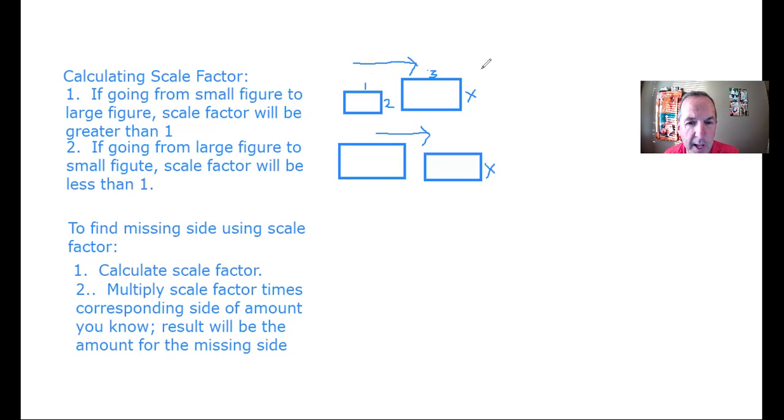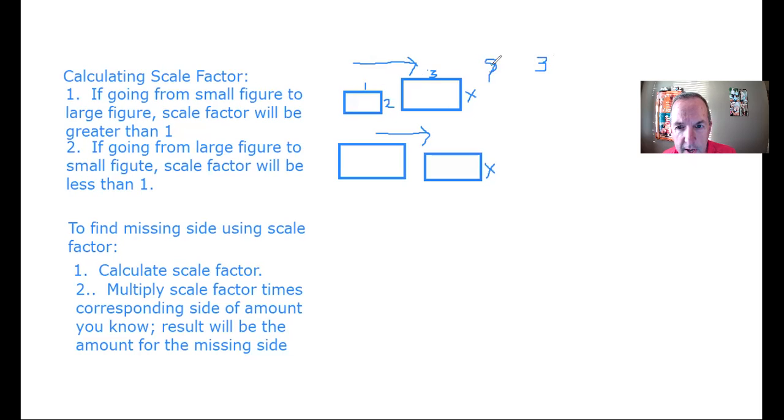So X to calculate scale factor, you don't even have to use your calculator for this one. You know you're going this way, your answer is going to be greater than one. If you divide one by three, you know that's going to be less than one. If you divide three by one, however, that is going to be greater than one. In fact, that answer is three. So then you know your scale factor.